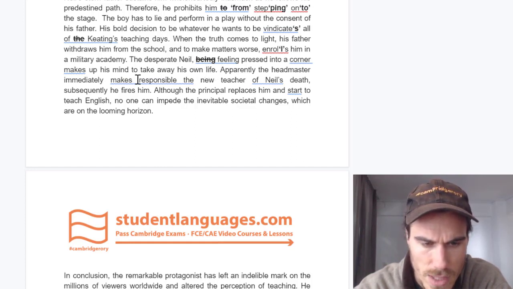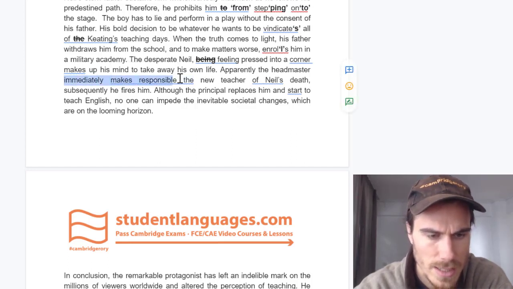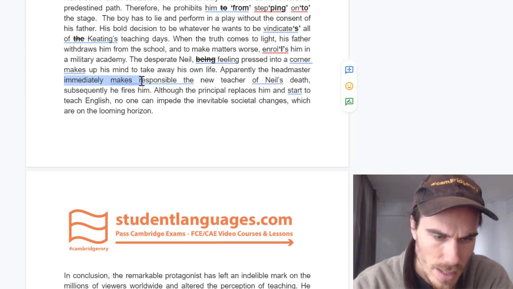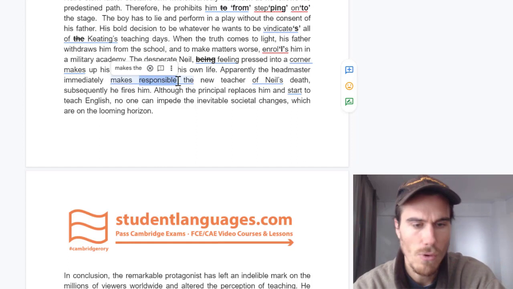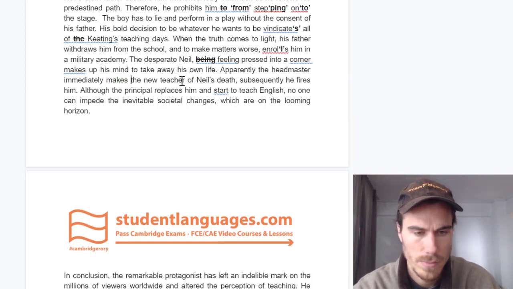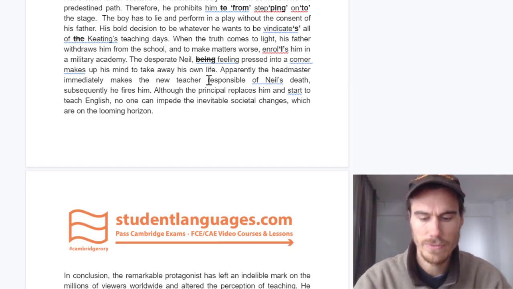Apparently the headmaster immediately makes responsible the new teacher of Neil's death. Okay, this can be written better. The headmaster immediately makes the new teacher responsible for Neil's death. We normally say responsible for.